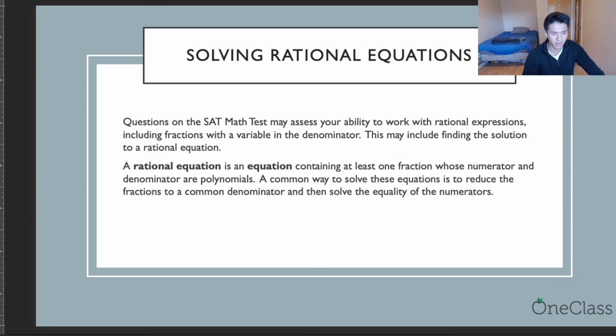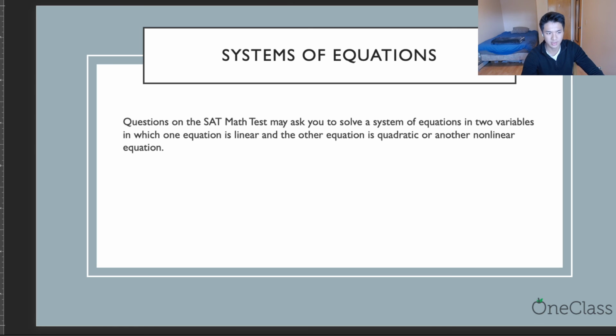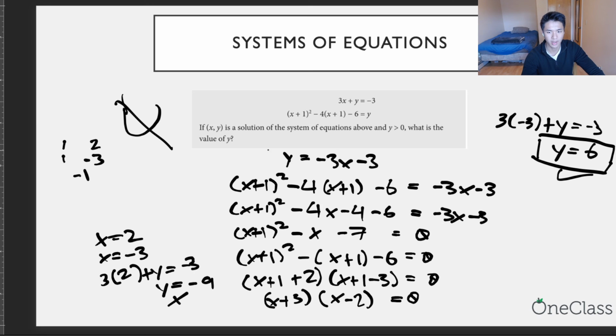We talked about solving rational equations. How do we get the denominator out? How do we put this all in terms of the algebraic expressions that we're used to solving? We talked about systems of equations where one of your equations is quadratic or nonlinear. That's going to be the following, where we have that substitution approach still being applicable.